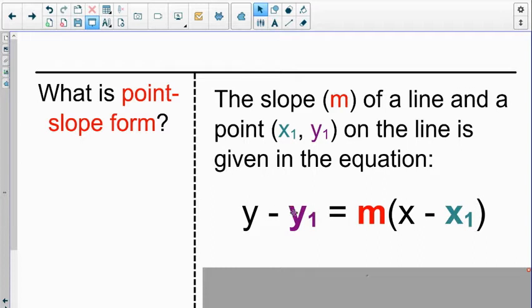Let's go back to the beginning of the equation. Y sub 1 is just a number. It's the y coordinate of the point on the line. So when we write y minus y sub 1, that could be y minus 5, or y minus negative 3, or even y minus 0. So y sub 1 could be a positive number, a negative number, or even 0.